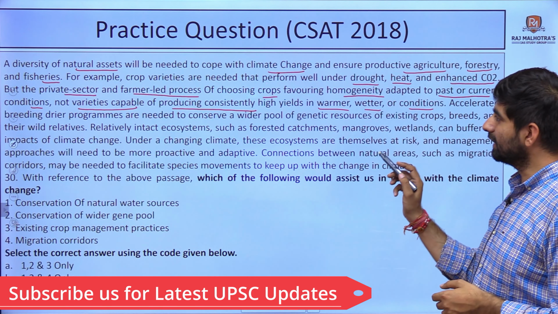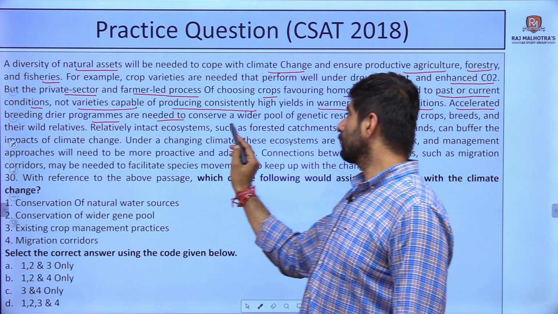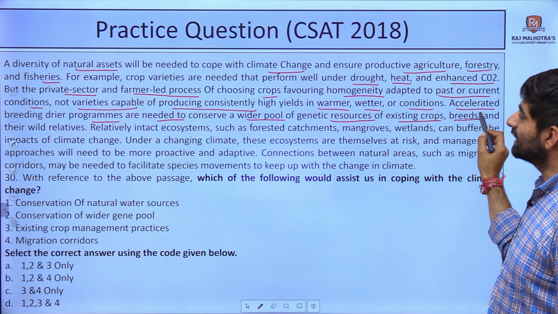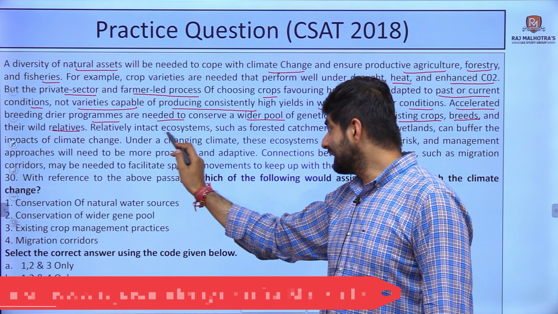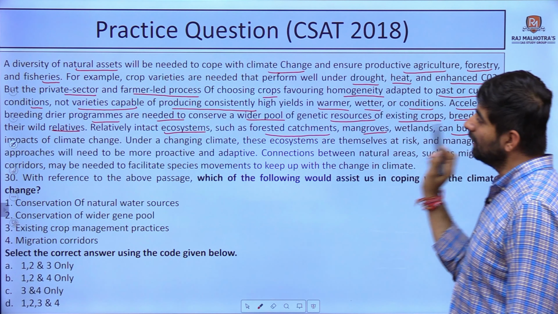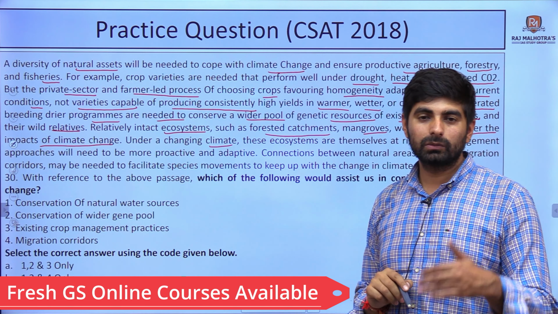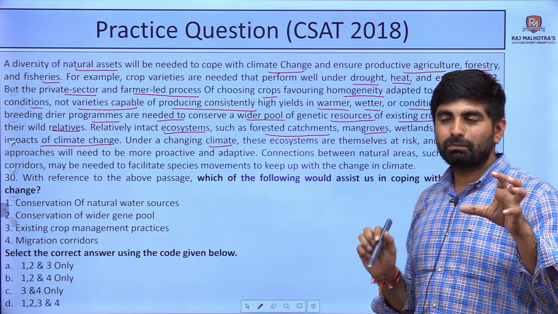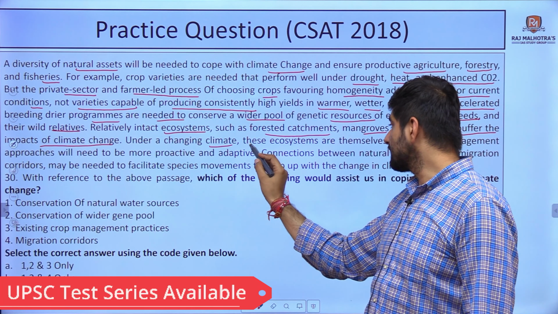Now from the next line they have mentioned: accelerated breeding programs are needed to conserve a wider pool of genetic resources of existing crops, breeds and their wild relatives. Relatively intact ecosystems such as forested catchments, mangroves and wetlands can buffer the impacts of climate change. Now this will be an important line, you can focus on that more rather than the whole passage.